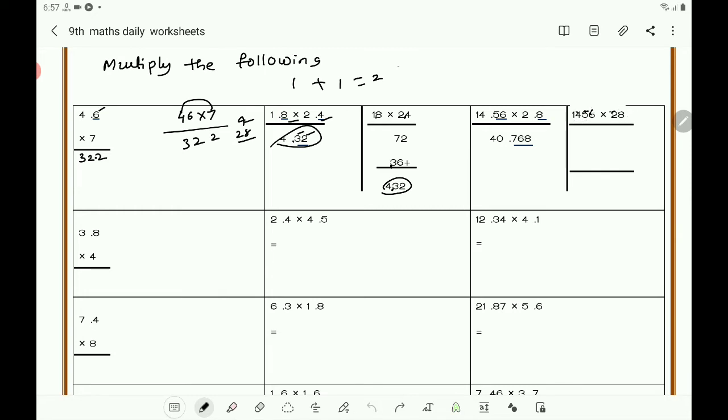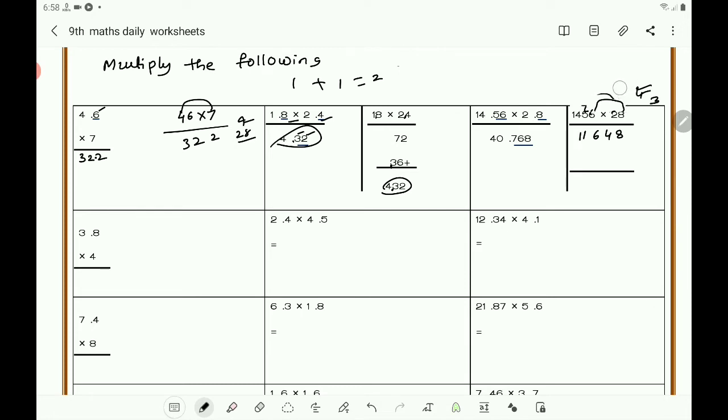So here 8 sixes are 48. Write 8, 4 carry. Then 8 fives are 40. 40 plus this 4, 44. Again you take carry 4. And 8 fours are 32. 32 plus 4, 36. 3 carry. And 8 ones are 8 plus 3, 11.